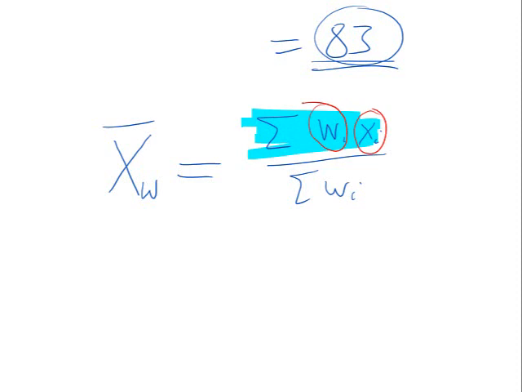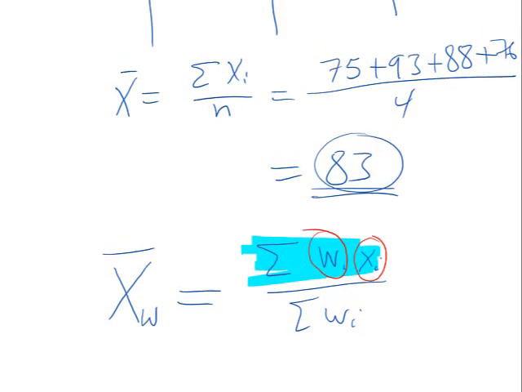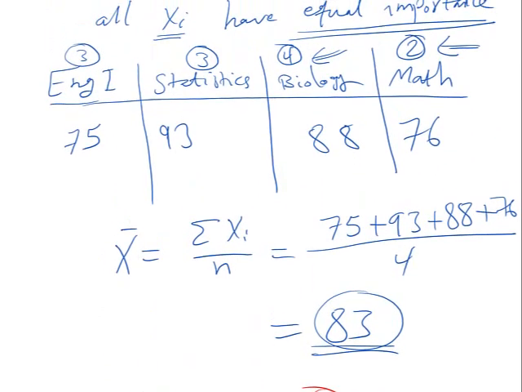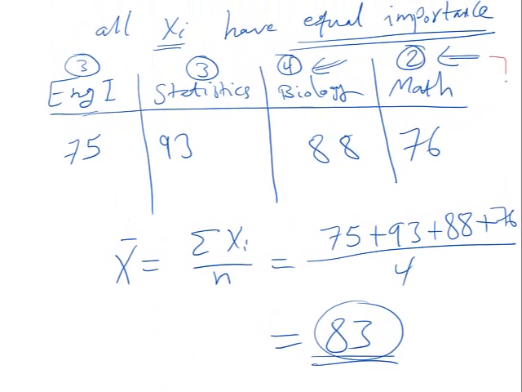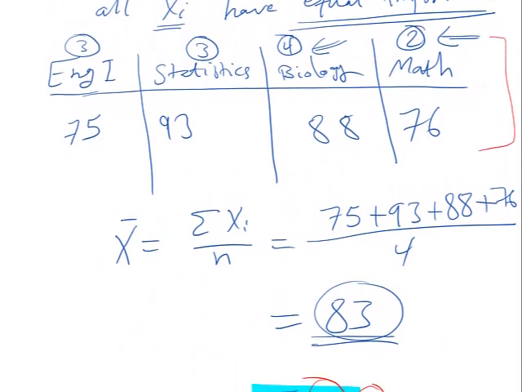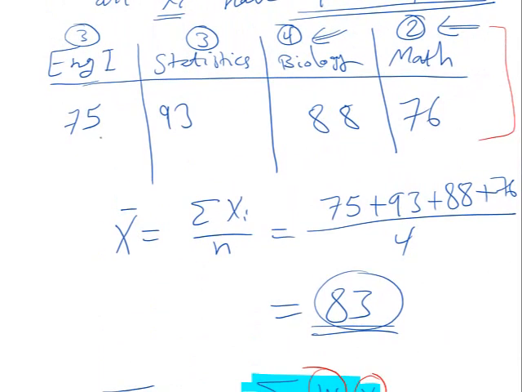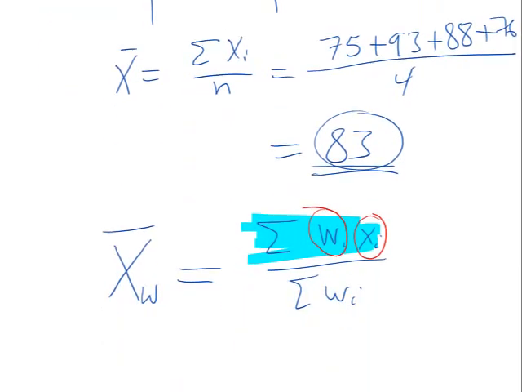Let us apply this formula to this example. First we multiply 75 by 3, then we multiply 93 by 3, we multiply 88 by 4, finally we multiply 76 by 2, and then we add these products.